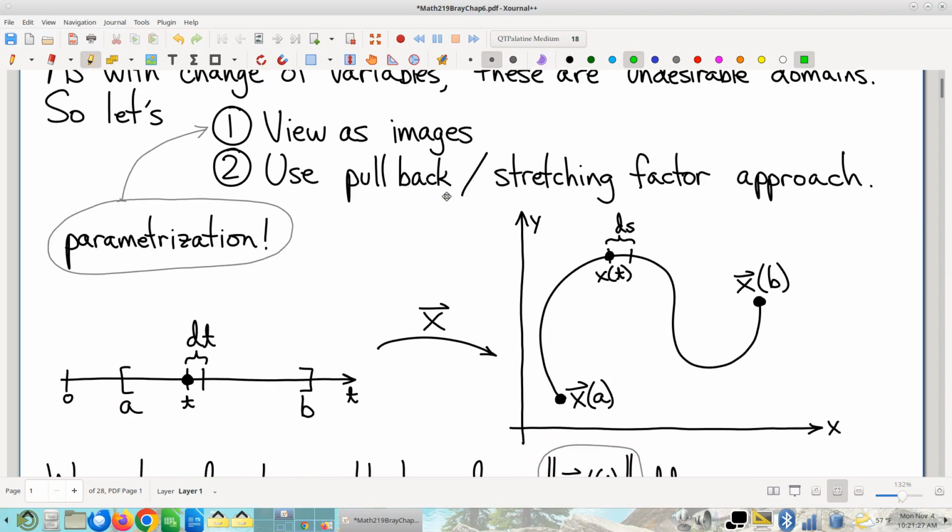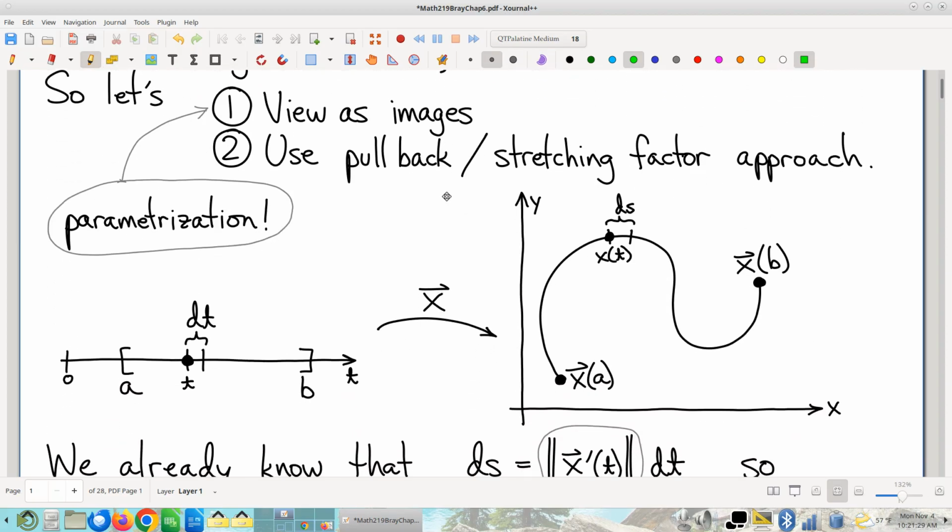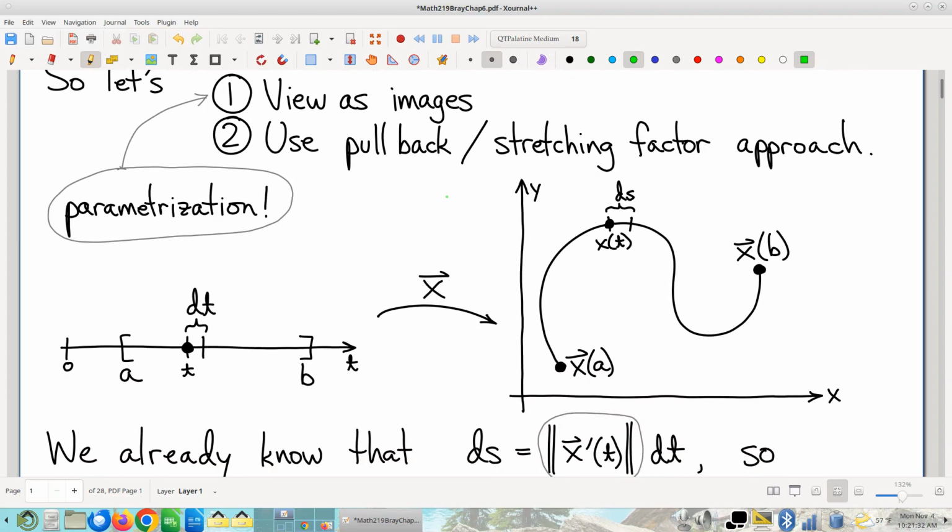Then we also adapted an old strategy for how to actually compute this. Big idea. Again, I'm just hitting the broad strokes because we talked about the details last time. When you have an undesirable domain, the big strategy is find a way to view it as an image. And in this case, our undesirable domain being a curve, we know how to do that.